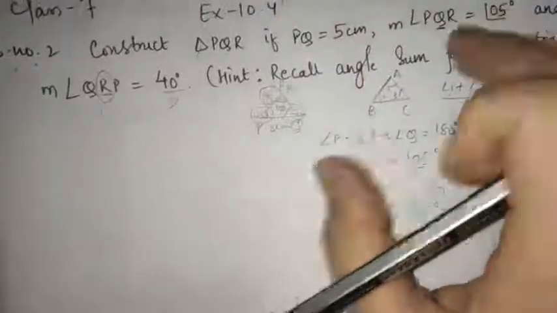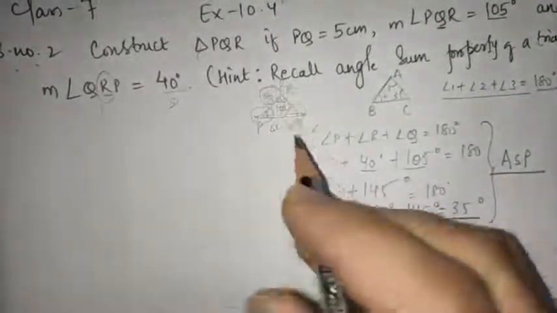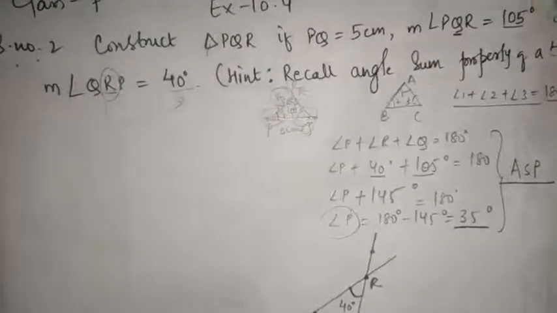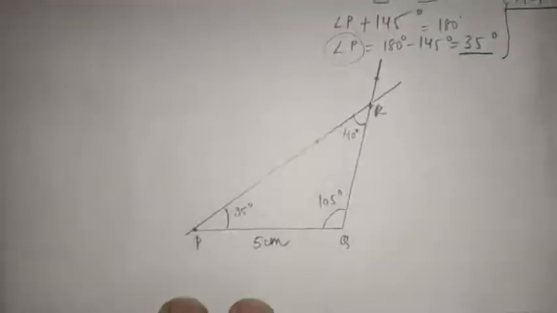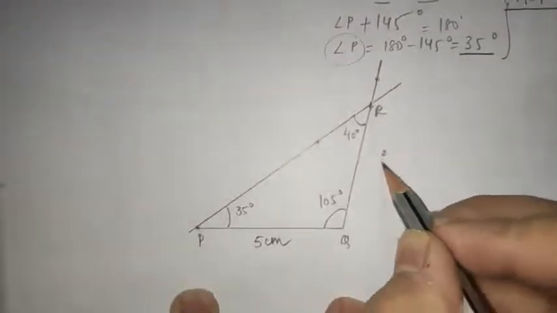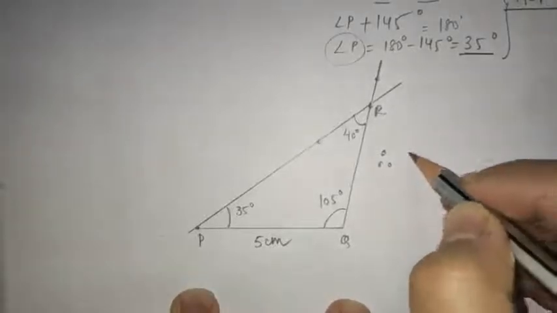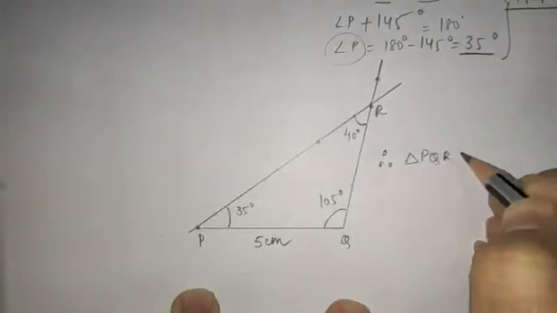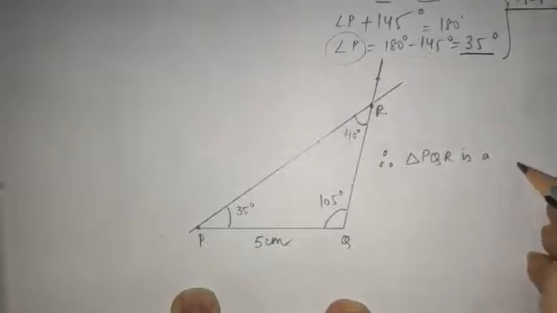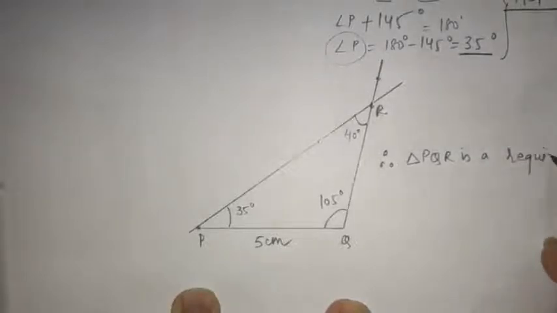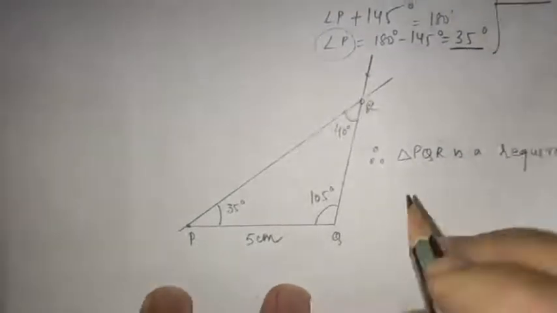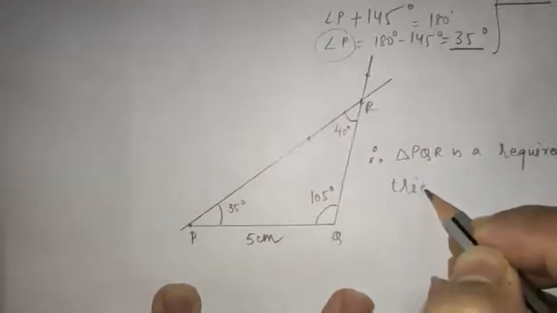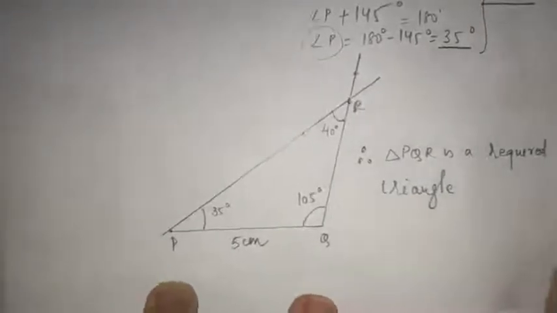So two angles are given, one side is given in this question, and using the angle sum property, taking the hint from there, I have made a triangle. So we will write that therefore triangle PQR is the required triangle. All right, so I hope you have understood it.